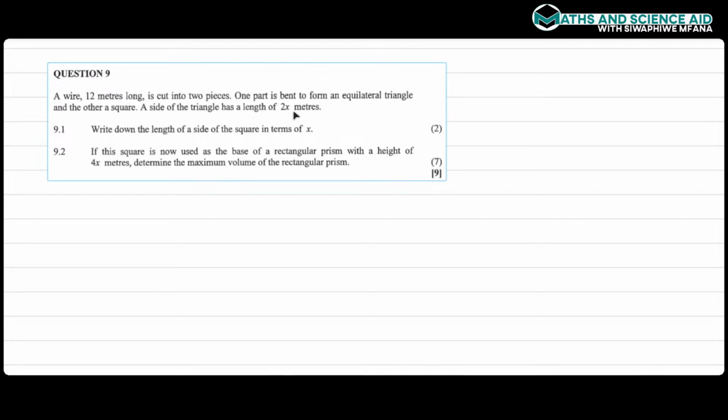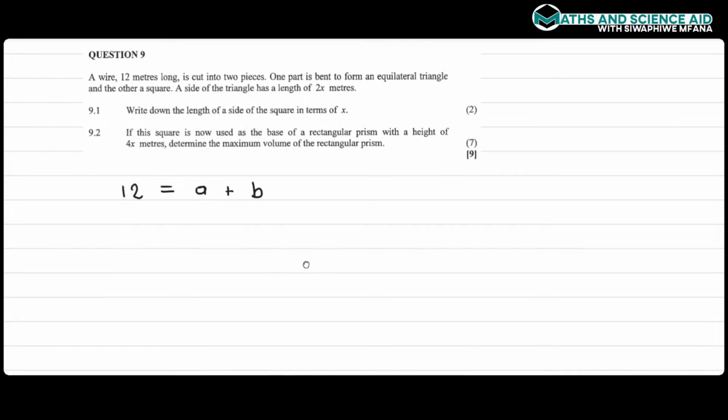Let's think about this. We had a wire with a length of 12 meters. Now we are cutting this wire into two parts. I'll just say A plus B. We've cut it into two parts, A plus B. Maybe let's say we take A, and we use it to form this equilateral triangle.